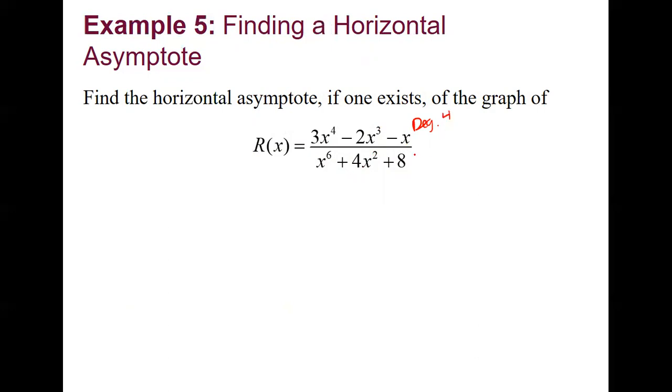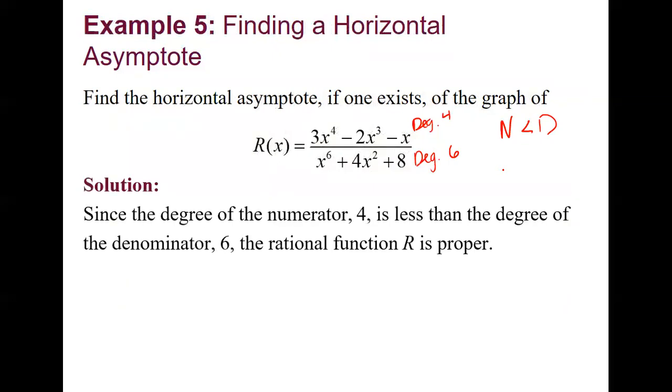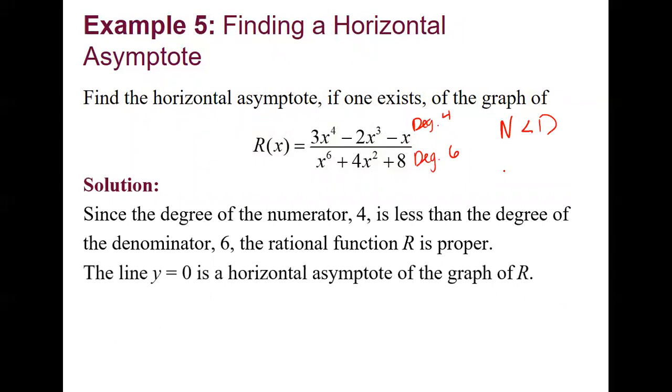The degree of the denominator is 6. So in this case, our numerator degree is less than our denominator degree. Agreed? So that means the horizontal asymptote is at y equals 0.